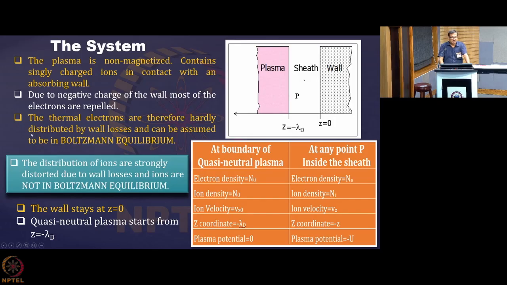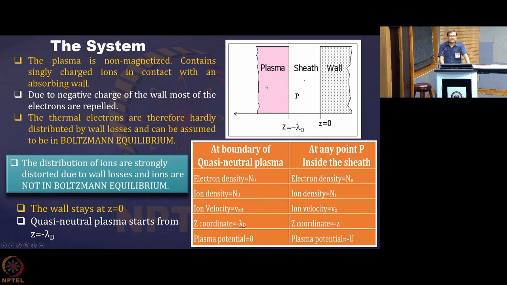So they are maintaining the Boltzmann equilibrium because they are not undergoing losses, whereas the ions are strongly distorted by the wall loss, because you see that the wall is negative and they are getting attracted strongly by the wall.